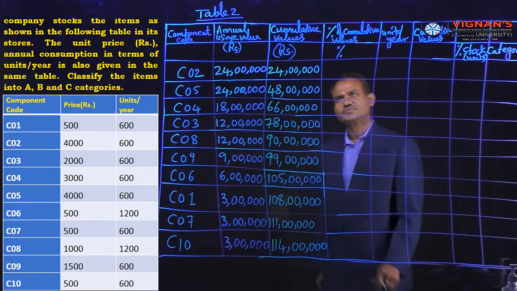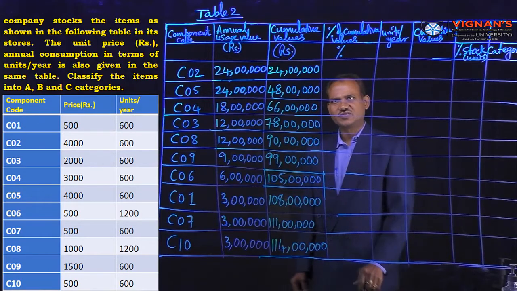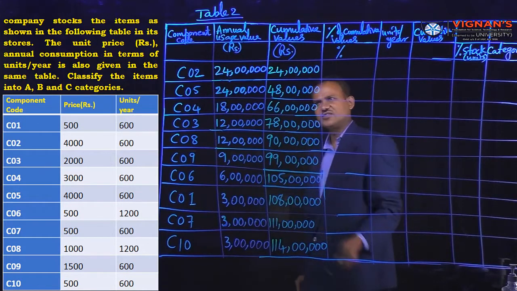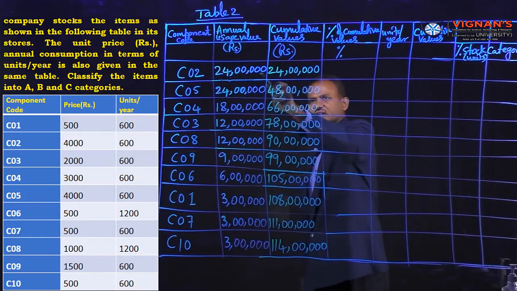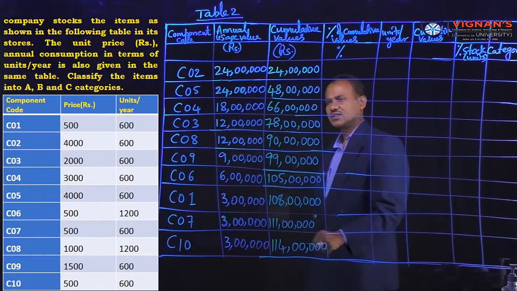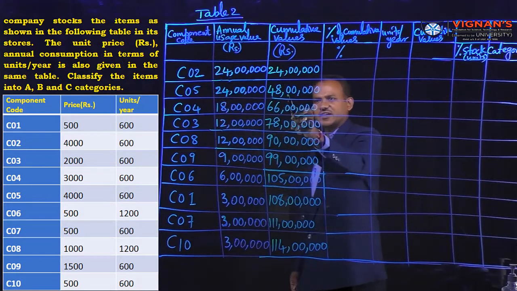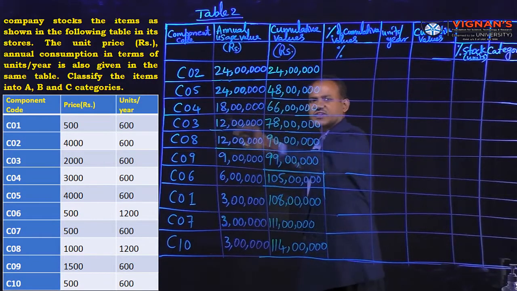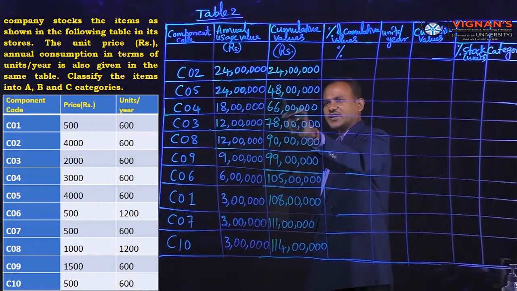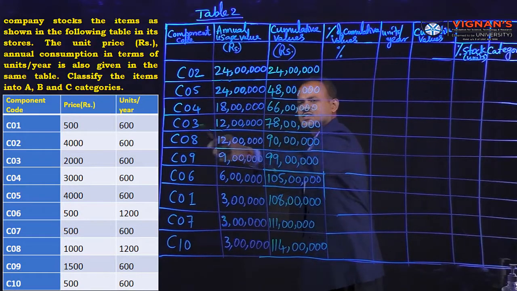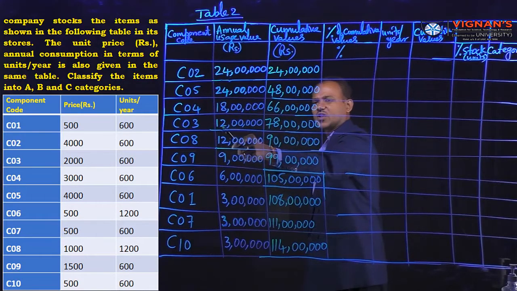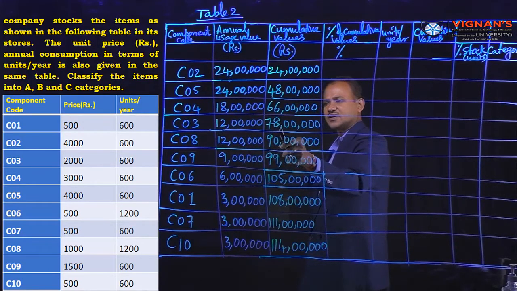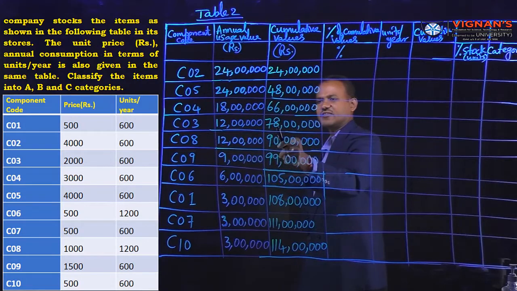Okay. Verify these values. Cumulative value for C02 component is 24 lakh. For next component C05, 24 plus 24, 48 lakh. Next for C04, 48 plus 18, 66. For C03, 66 plus 12, 78. Next C08, 78 plus 12, 90.